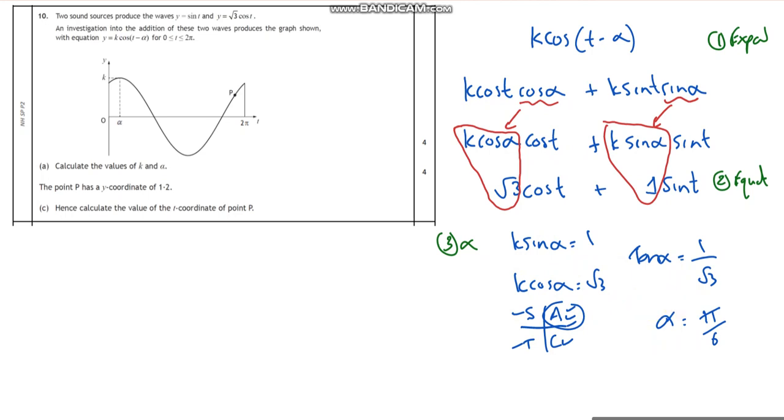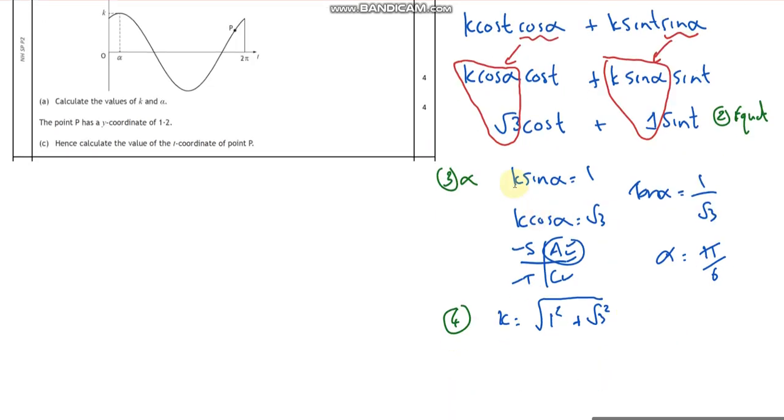The next bit is k, and k is equal to 1 squared plus root 3 squared, square rooted. There's a breakdown of that. If you square them, the k squareds equal, we've talked about it before, but anyway, root 4, which will be 2. But you don't need to do that.